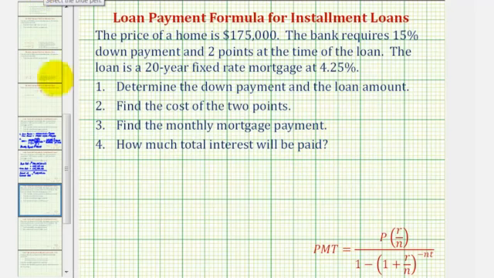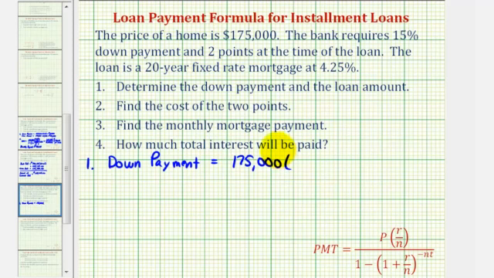So for number one, since the loan requires 15% down payment, we want to find 15% of 175,000. We can do this by multiplying 175,000 by 15% expressed as a decimal, which would be 0.15, which comes out to $26,250.